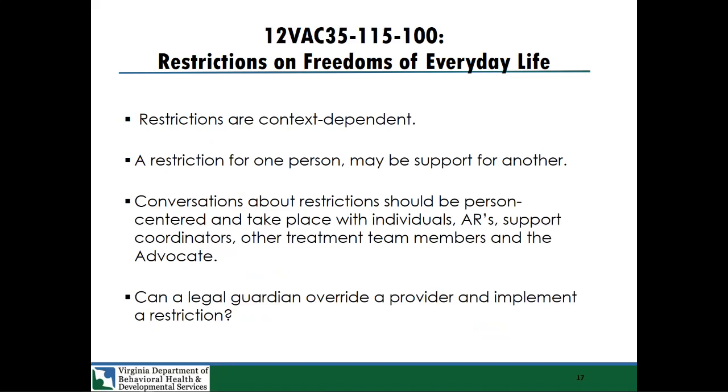It is important to understand that considering the need to implement a restriction is based on the individual's situation. Restrictions should not be thought of as blanket interventions. Also, what is experienced as a restriction for one person may be experienced as a needed support for another.